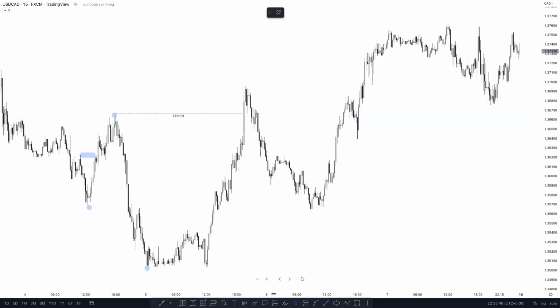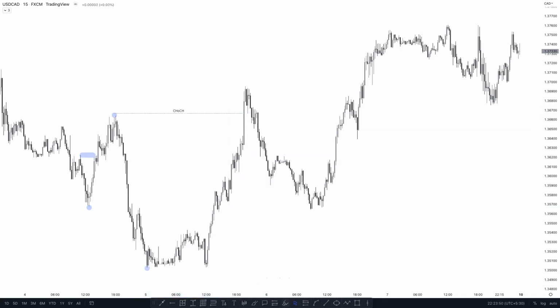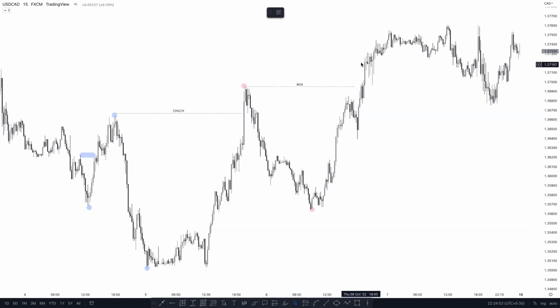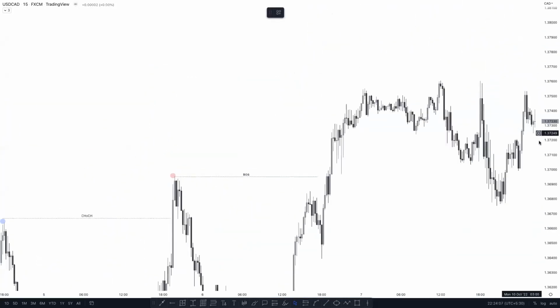After this change of character, what happened here? Okay, here. This is our higher high, and this is our higher low. And again, break of structure is here. After the break of structure, we can see right here, a lot of people are confused.